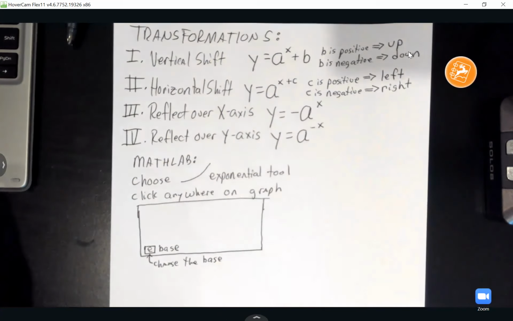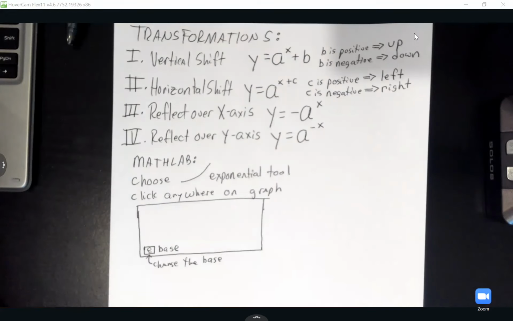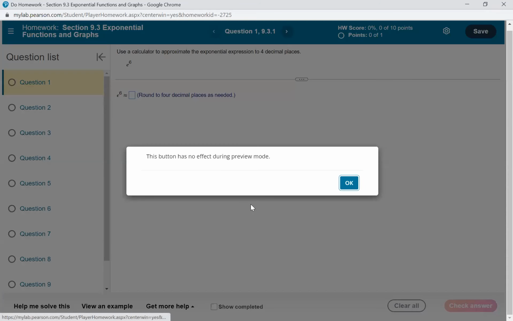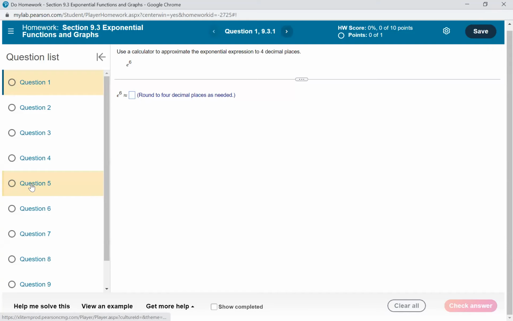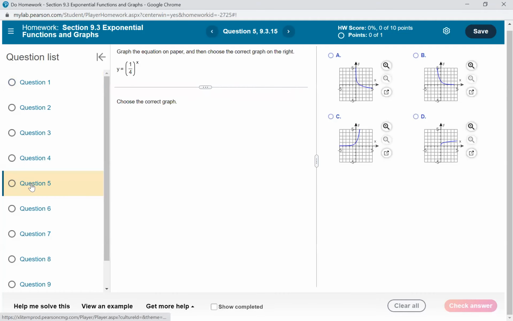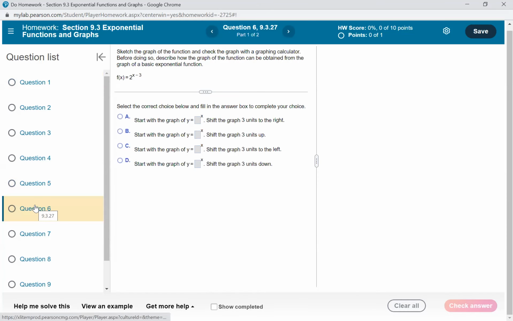So y'all, let me go to one of these and I'll show you what we got going on. I'm going to actually go to MathLab here. And let me see, I think these are starting at 5, maybe 6. All right, so it's starting at 6.